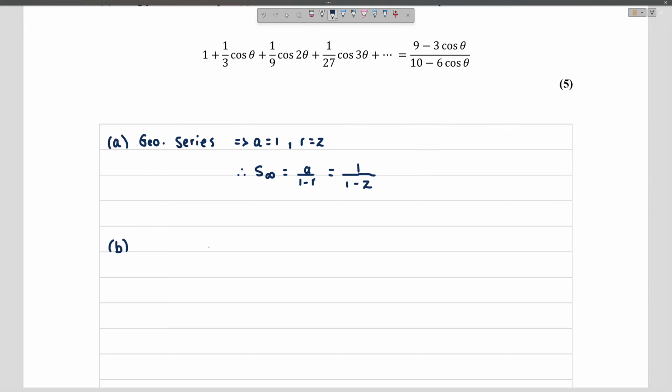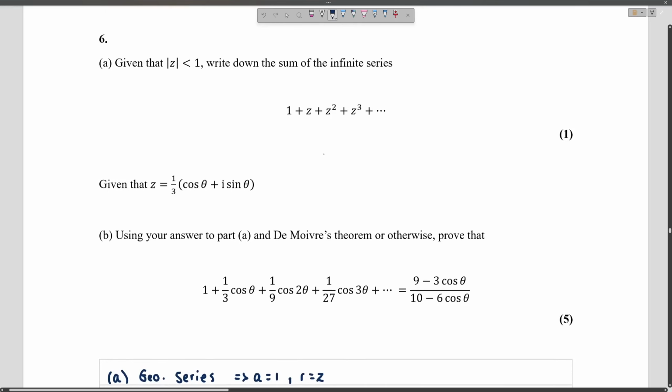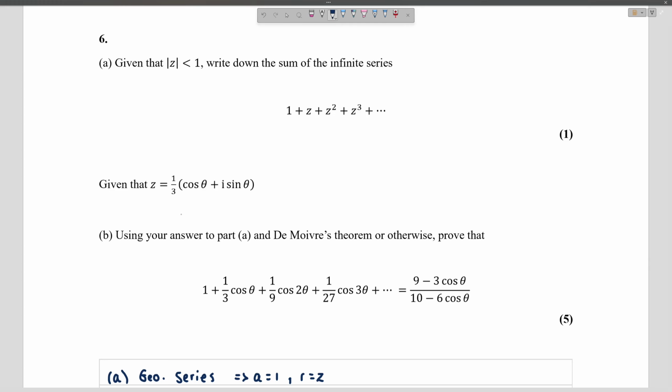Well, going up to part A, I've got 1 plus z plus z squared plus z cubed plus so on and so on. And z here is 1 over 3 (cos theta plus i sine theta).